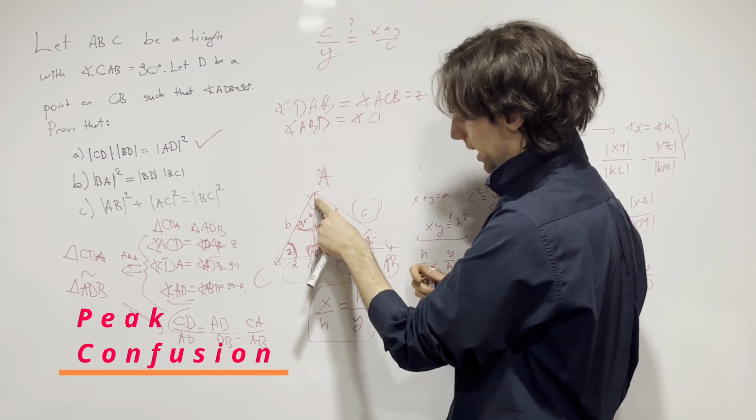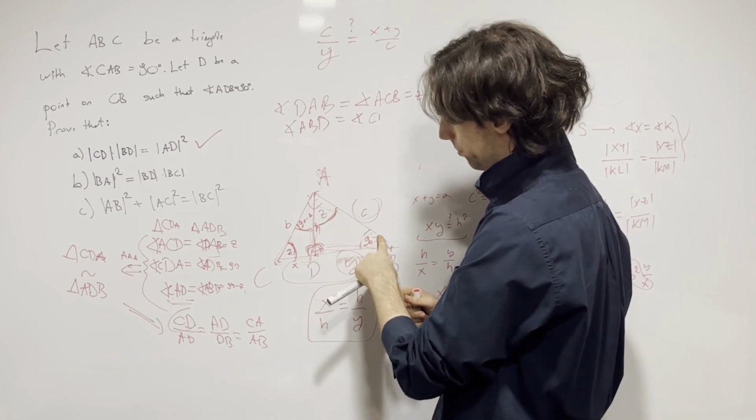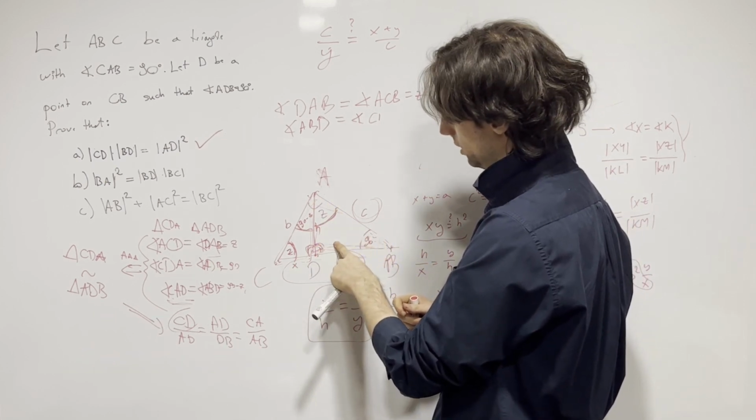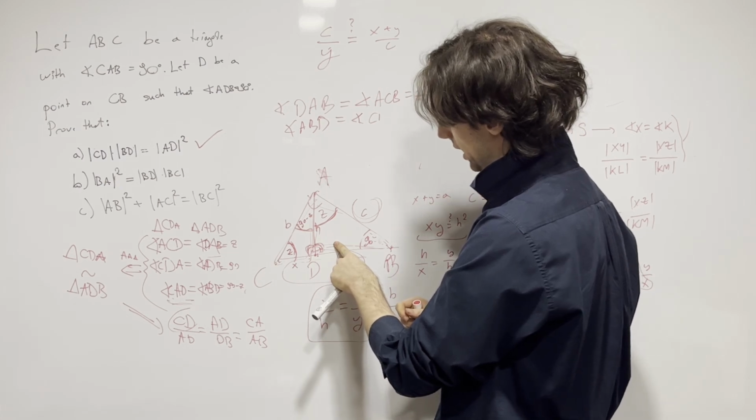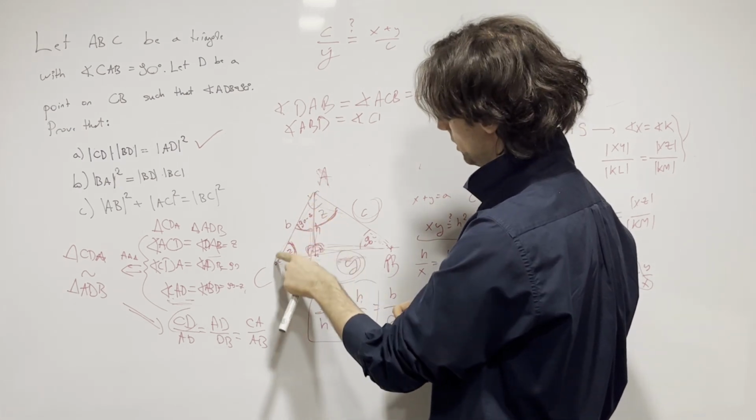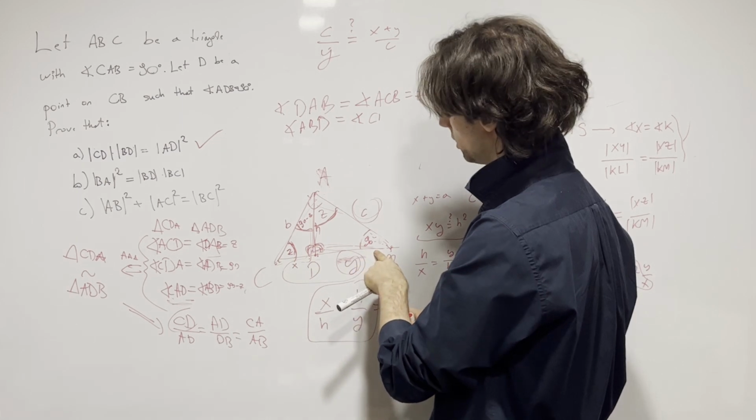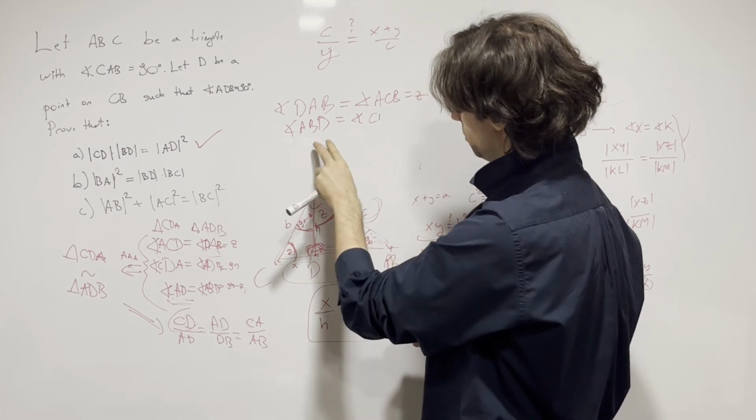I have DAB, correct? D is where it's a 90. And I have ACB. Then I move by 1.